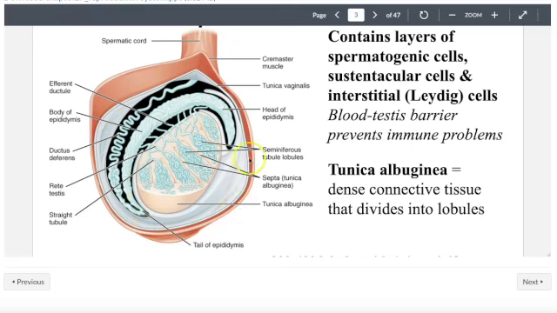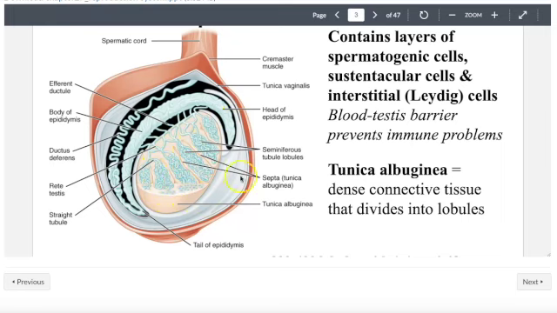Wrapping the testicle, there's something called the tunica vaginalis. And remember, this is the cremaster muscle. It's like a net. And wrapping around the actual testicle, there's something called the tunica albuginea, which divides these lobes. These are the septa inside the actual testicle, which divide these lobes.